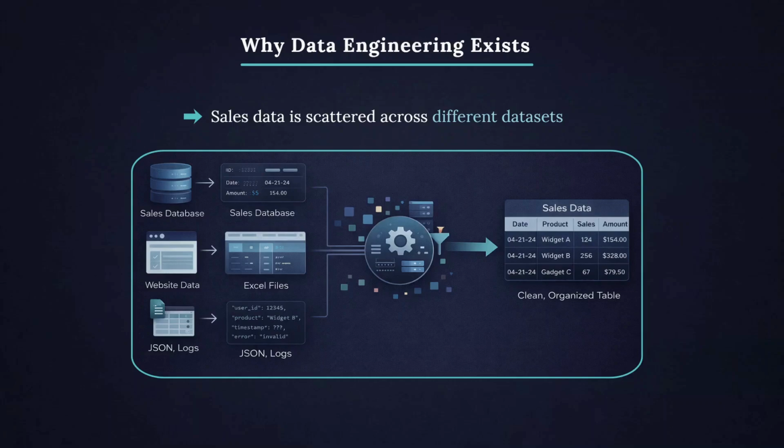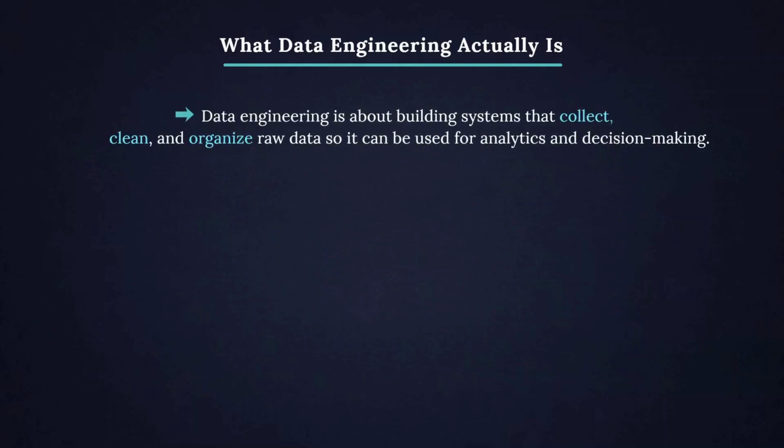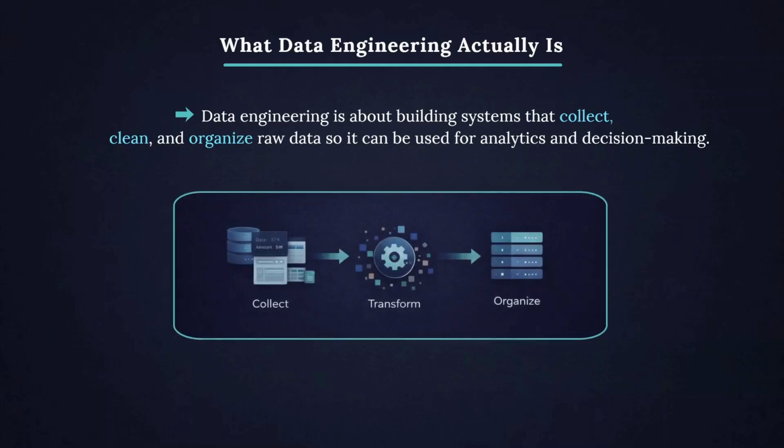Now that we have seen why data engineering exists, let's talk about what data engineering actually is. In simple terms, data engineering is about building systems that collect, clean, and organize raw data so that the data can be used for analytics and decision making. At a high level, you can think of data engineering in three stages.